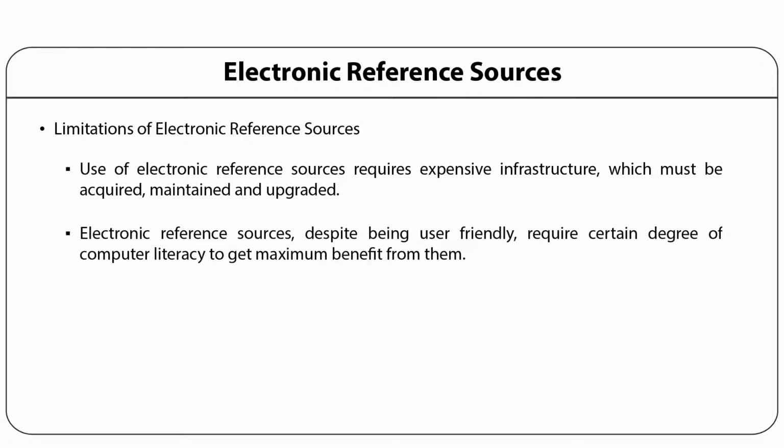Electronic reference sources, despite being user-friendly, require a certain degree of computer literacy to get maximum benefit from them. This means that libraries have to incur expenses to train their staff as well as their users to use these resources.